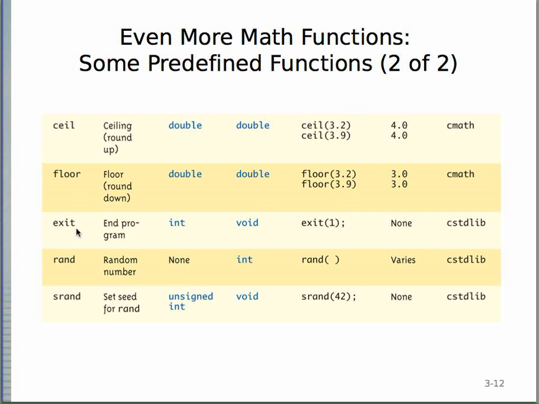There's the exit function, which is just like the System.exit in Java. There's a random number generator, you can use that, and a seeded random number generator. Sorry, srand is the set seed for rand. And so you can set the seed and then call the random number generator.